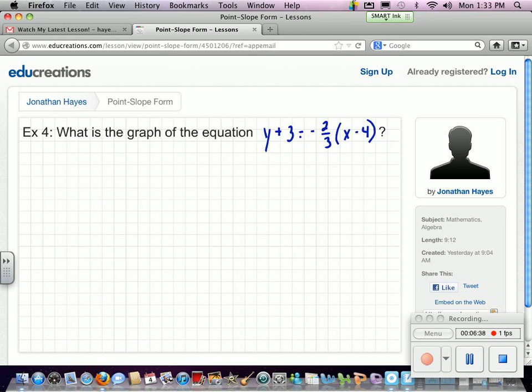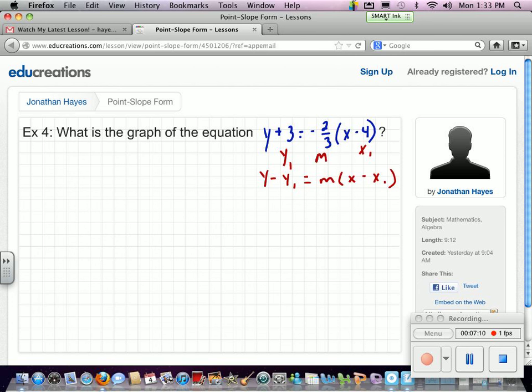Alright, and the last problem that we're going to look at for this lesson: what is the graph of the equation y plus 3 is equal to negative 2/3 times (x minus 4)? This is your y1, this is your m, and this is your x1. But remember, it's supposed to be in the form y minus y1 equals m times (x minus x1).